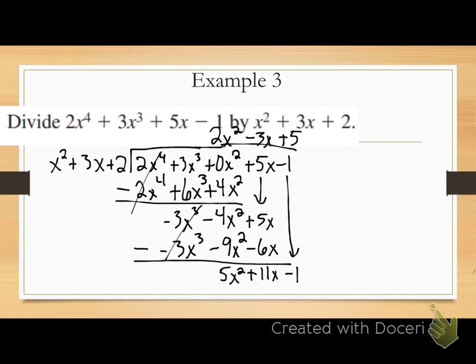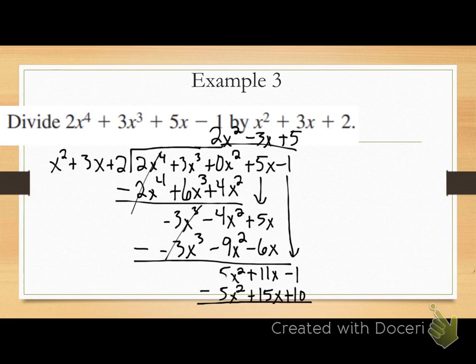And now I'm multiplying my 5 through my divisor. 5 times x squared is 5x squared. 5 times 3x would give me 15x. 5 times 2? 10.